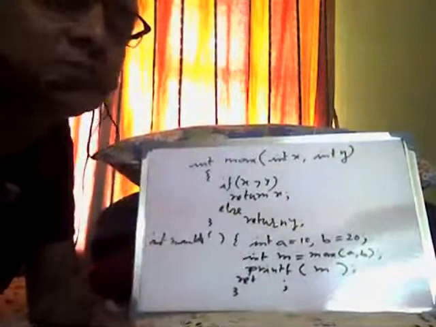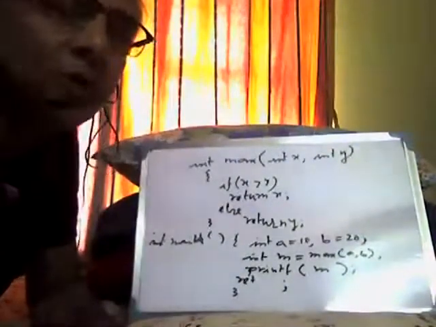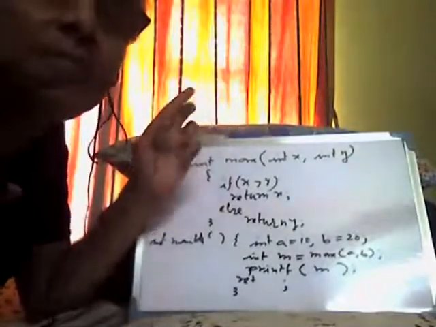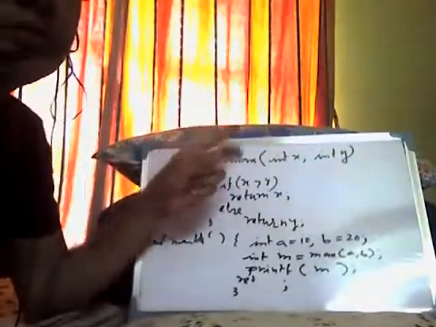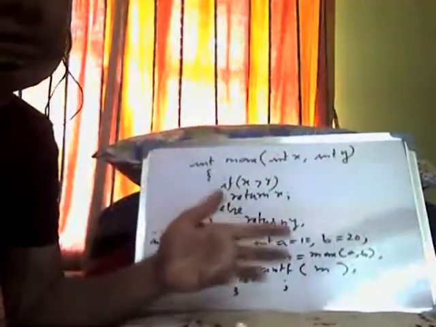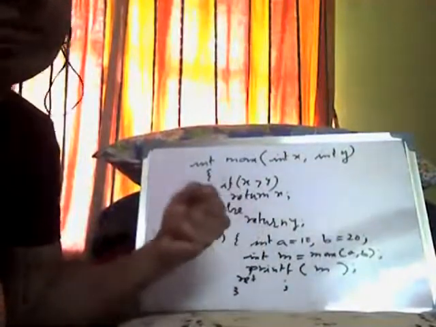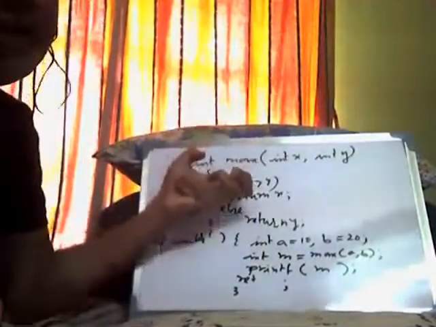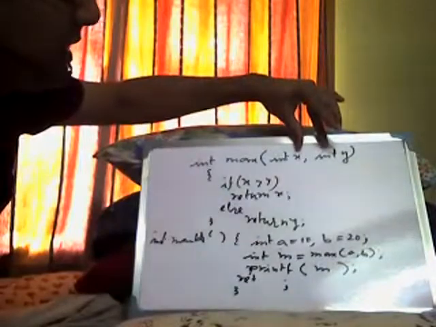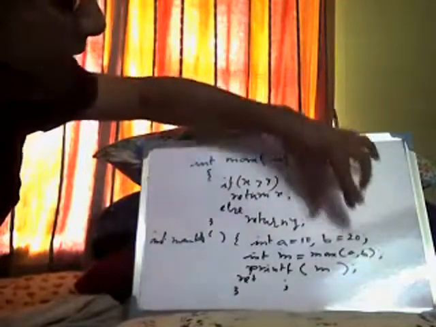And the second thing is pass by reference, where both actual and formal parameters refer to the same locations. That means this value and this value are actually referring to the same location. So any changes made inside the function are actually reflected to the actual parameter, right? As those two reference the same position, any changes done here will be reflected here.